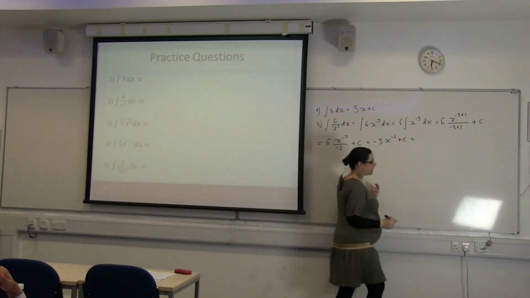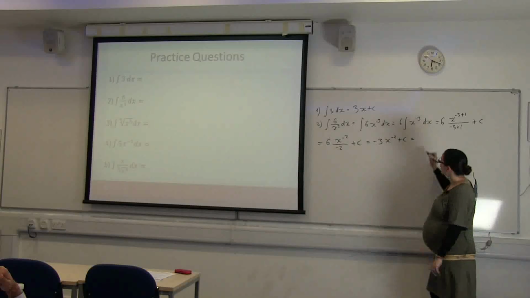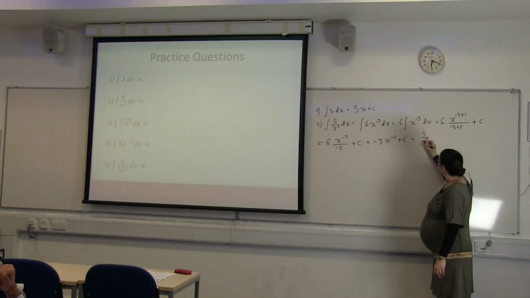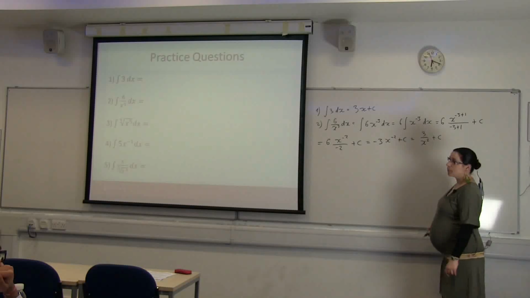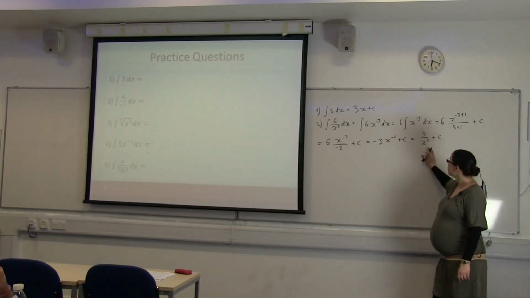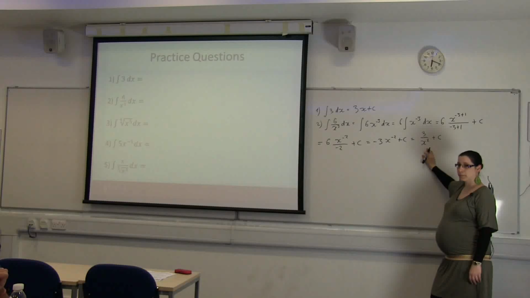And if you wanted to write it in a proper mathematical way, you can always write it back as negative 3 over x squared plus c. And that way it's probably the simplest and easiest form.